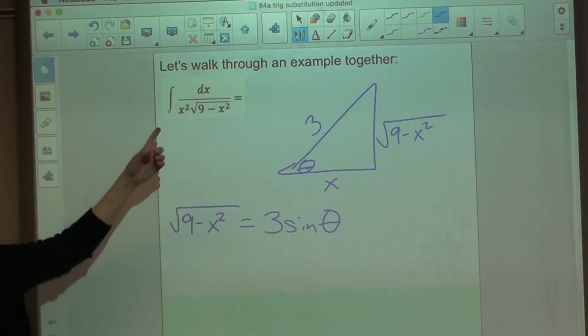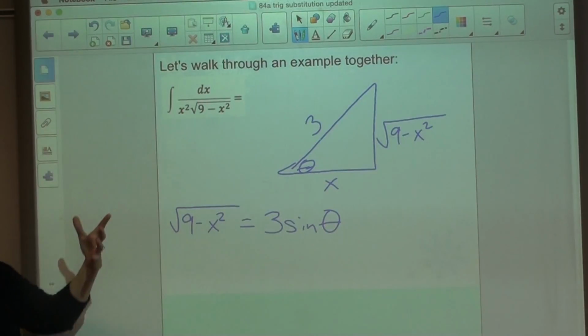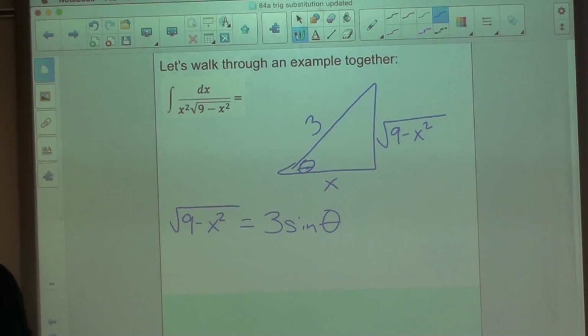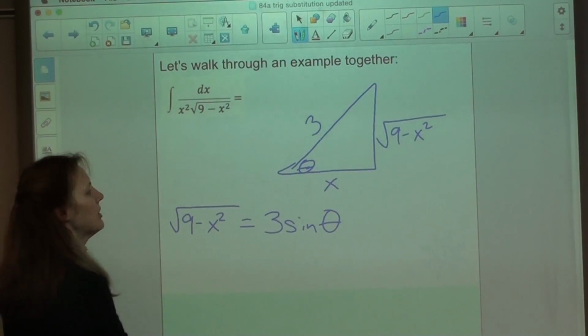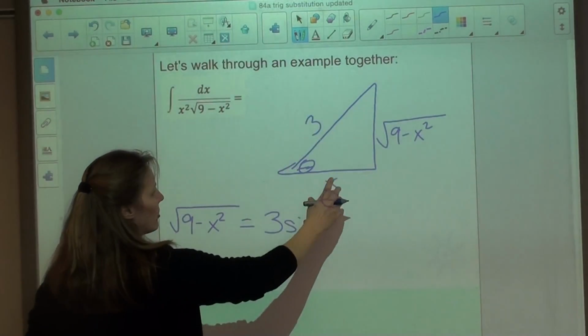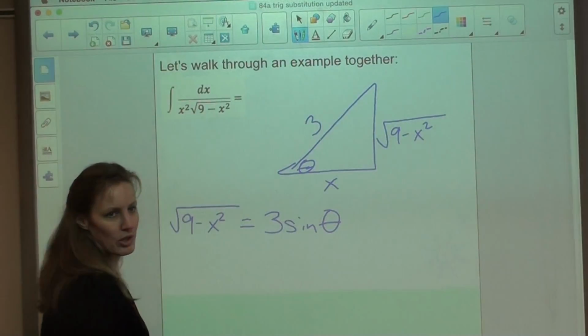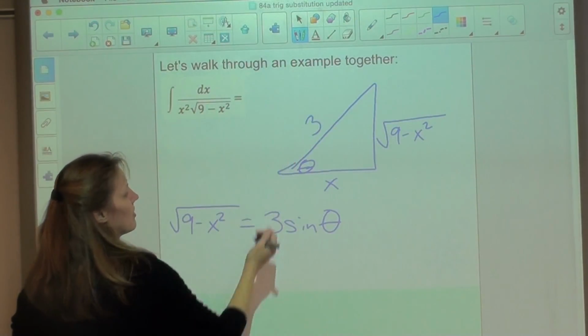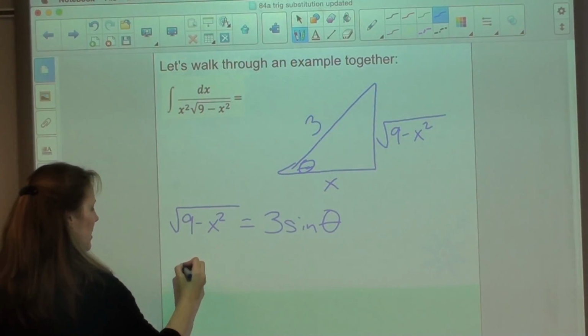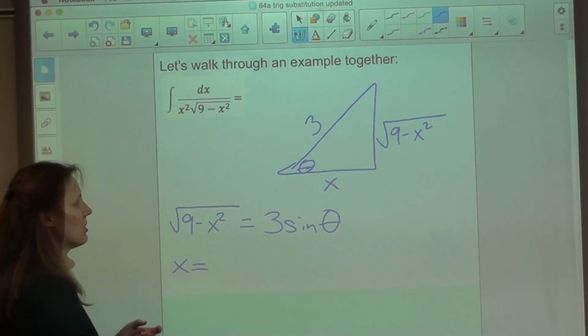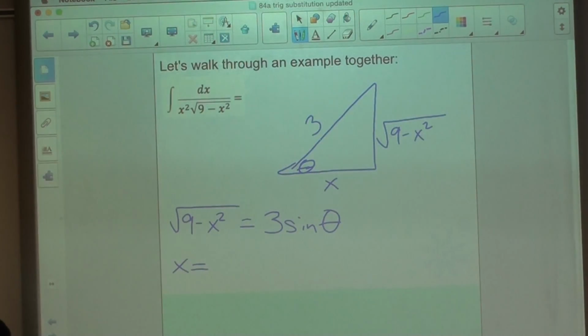But I still have this x squared, so now I have to replace the x squared. When you have to replace an x or a dx or anything like that, look at the other sides of your triangle that don't have the complicated root in them. So we're going to look at the x and the 3. Let's see, x equals, well, what function should I use? Cosine, right?